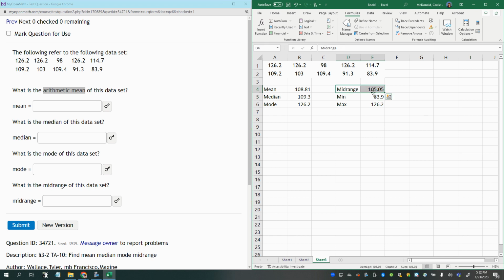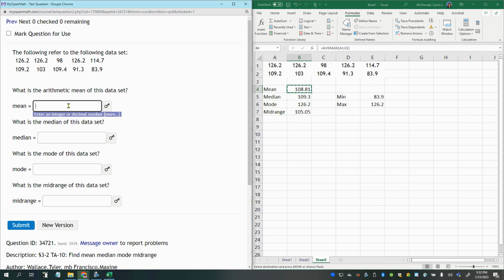So there are all my answers. And now I'm able to put those right in here. I can even copy and paste them right from Excel back over into the answer fields here. And then, of course, we always want to be looking out for any directions that suggest certain round-offs or other little tips.